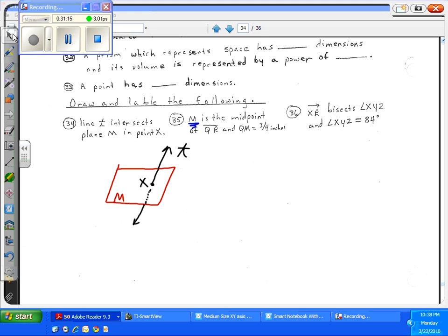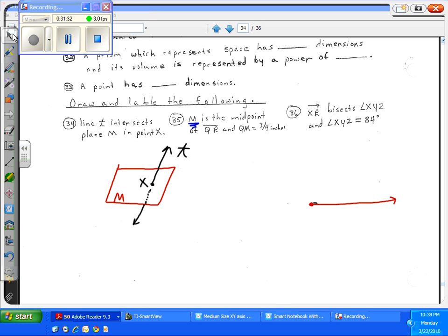It says ray XR bisects angle XYZ. XYZ is the big one, and it says that it's 84 degrees. So what we would do to measure is start off drawing a ray on our paper.